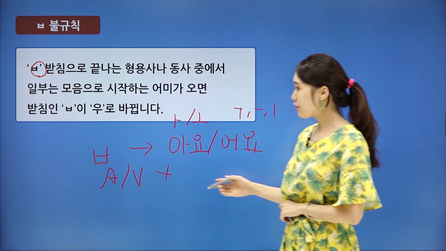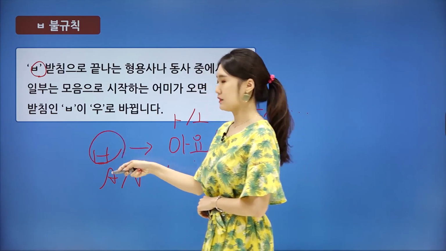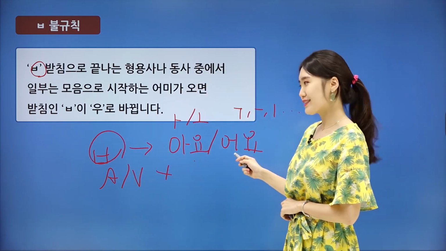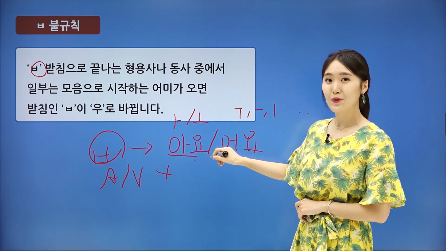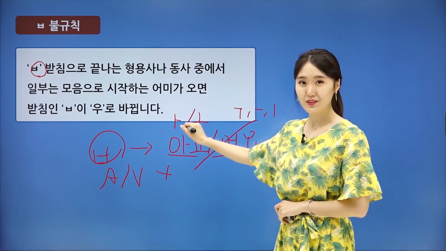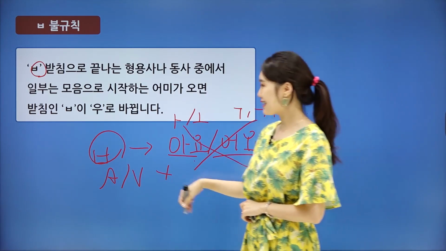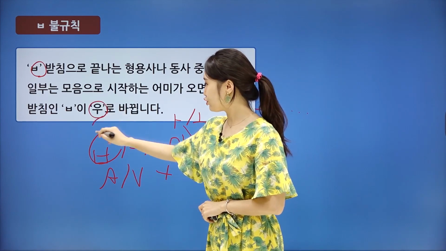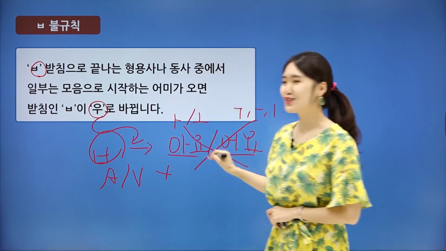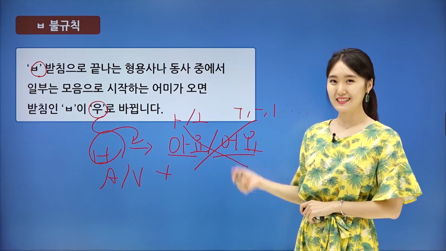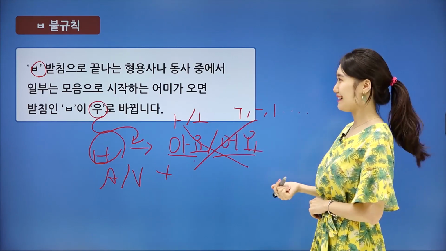But if it ends with 브, it doesn't change into are you or are you. None of them. It means you put u in and change it. So let's see our example and I'll tell you.